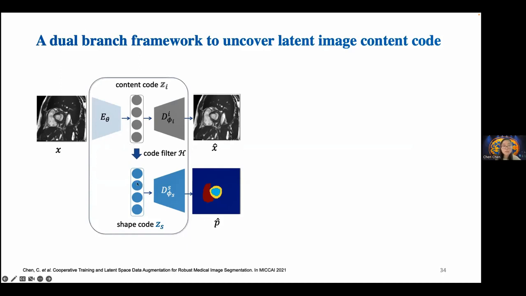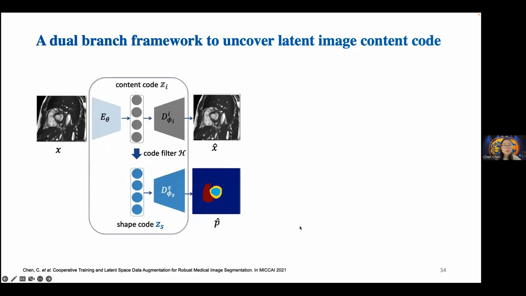And then we extract some task-specific code from this content code into this shape code. Then there is a task-specific decoder, or segmentation decoder, that can interpret this back into the segmentation space, okay?